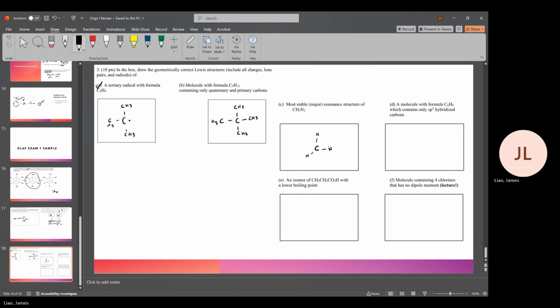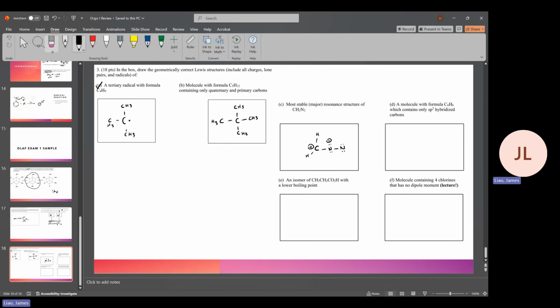The problem with this is that we need to find a way to arrange it so that it's the most major contributor. If we did it like this, then we have a positive formal charge, and then this one's going to be a negative formal charge.